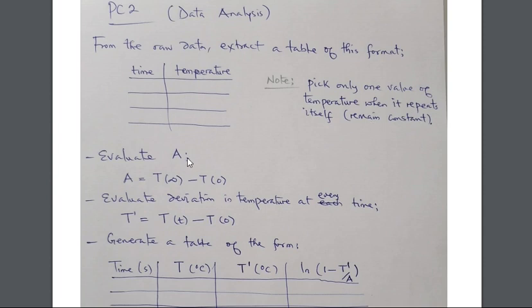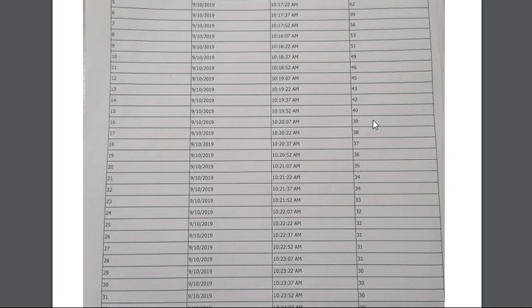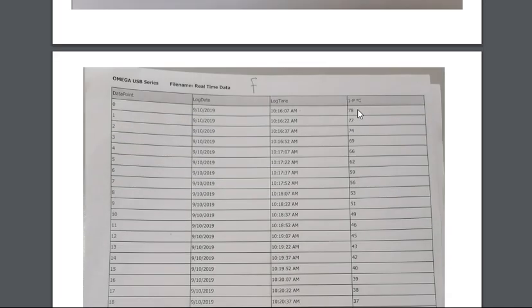After that, you try to evaluate the maximum temperature deviation, which is the difference between the temperature at the infinite time minus the temperature at 0 time. The infinite time is actually the last time when you have steady state, and the 0 time is actually the beginning.